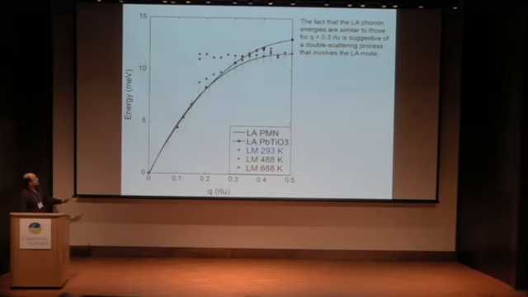And what I was intrigued by, this is actually a comment that Chris Stock pointed out, is that at high Q, these values are all very similar, especially within the errors when you have such a weak peak. All right? So it's suggestive of a double scattering process where a longitudinal acoustic mode could be involved.